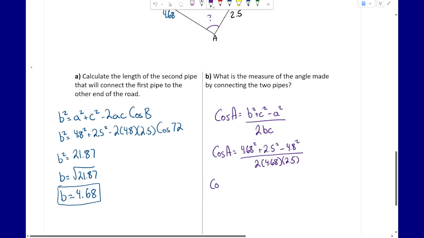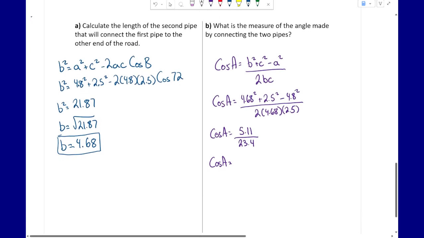As we mentioned in the cosine law lesson, it might be easier to calculate the top first, calculate the bottom separately, and then divide your numbers. So we get 5.11 divided by 2 times 4.68 times 2.5, divided by 23.4.